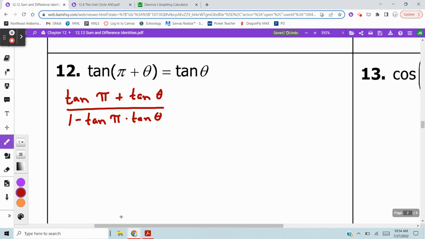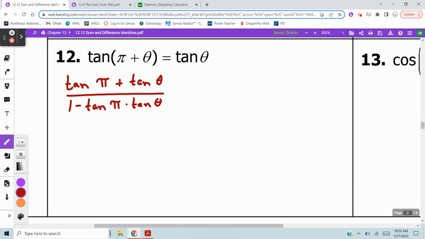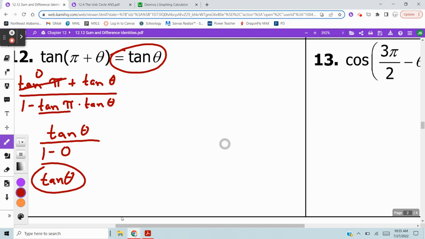Okay, so the tangent of pi, again, pi is 180 degrees. The tangent of 180 is 0. So you have 0 plus tan of theta on top, which is the tan of theta. On bottom, you have 1 minus, again, the tangent of pi is 0. 0 times anything is 0. So maybe it was not that tricky. So you have tangent of theta over 1, which is simply the tangent of theta. So it does match up.